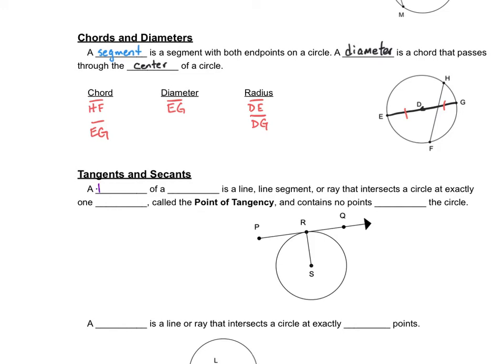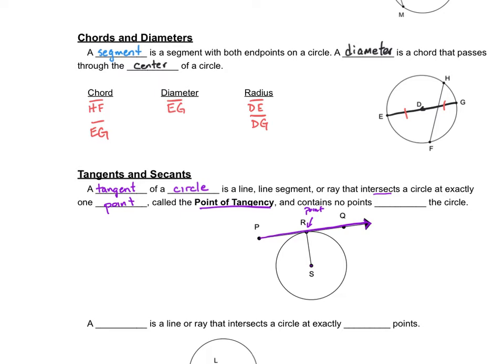So here is my line or segment, ray, whatever it is. I have ray PR, or I have segment PQ, and that intersects circle S at one point R. So R is my point of tangency, because that's the point where it intersects the circle.